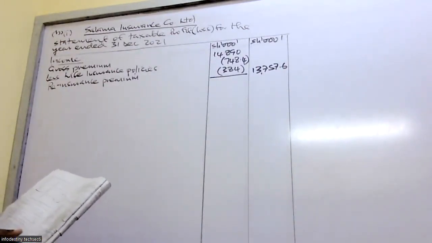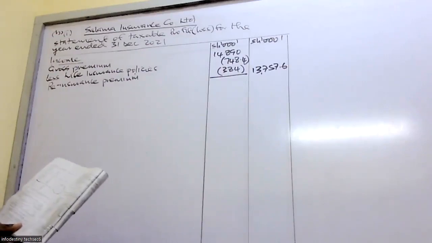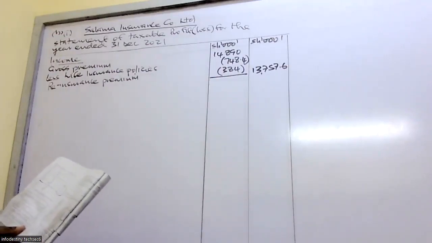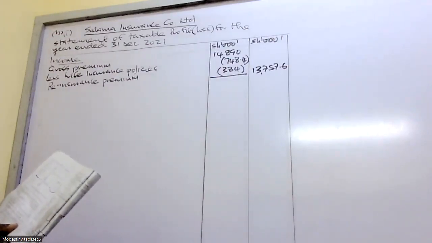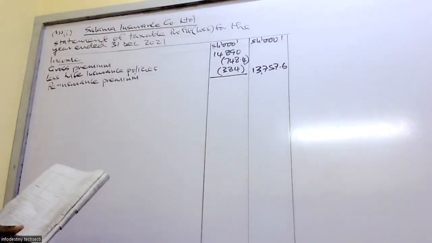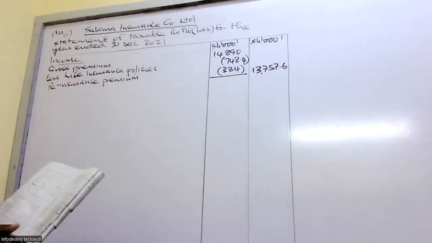Then we have reserve for unexpired risk in January of 86. When you have that, you look for the reserve at the end of the year so that you can make the adjustment. The reserve at the beginning of the year is income. The reserve at the end of the year is an expense.